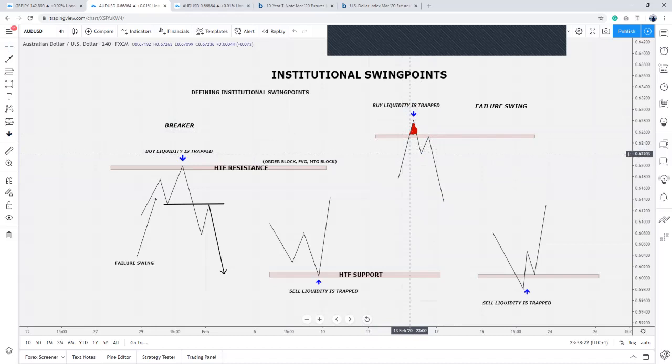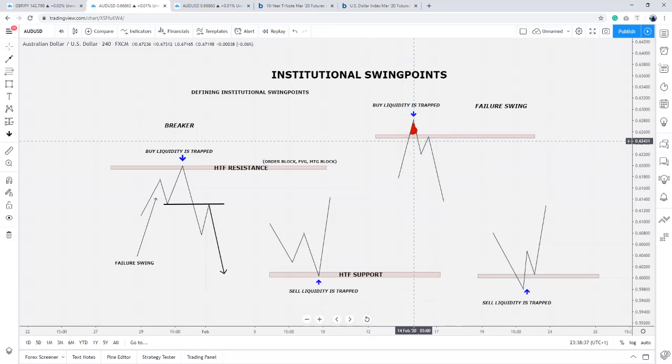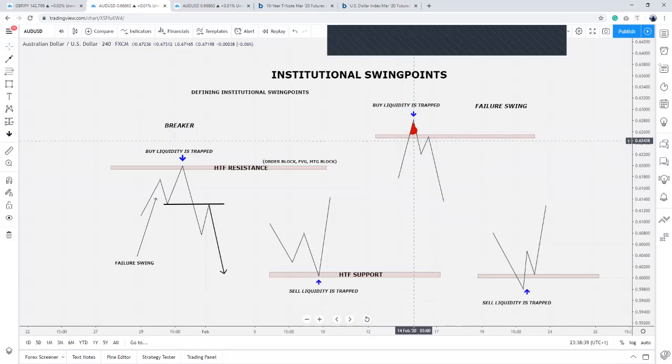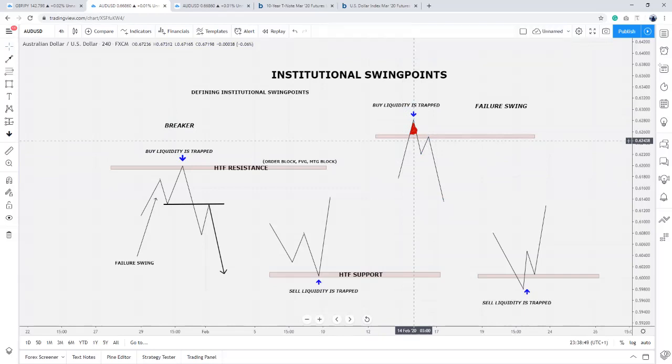And the reason why a failure swing occurs in the marketplace is, as I mentioned, the fund traders are trend-following, and the system they like to trade is the 20-day IPDA breakout system, whereby if price breaks out past an old high or an old low, there are going to be pending buy stop orders by institutions around that level, and you're looking to ride the prior move of the marketplace.